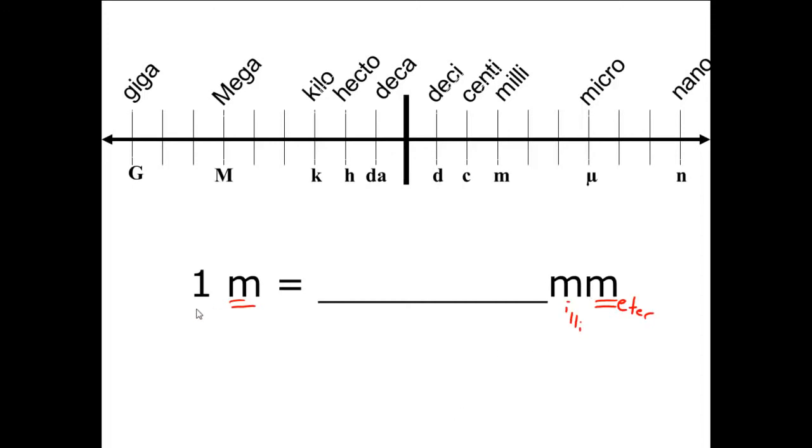If I have 1 meter, how many millimeters is that? Well, the base unit meter is found on the center of the number line. Milli, the prefix, is found 1, 2, 3 places to the right. And all I'm going to do is take my number 1, and move the decimal point 1, 2, 3 places to the right, just like I did up there.